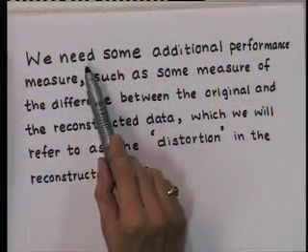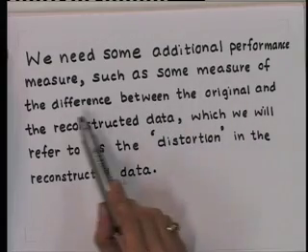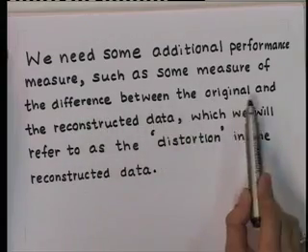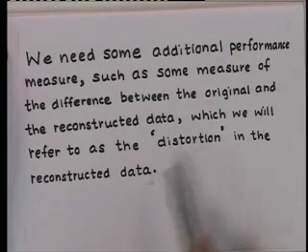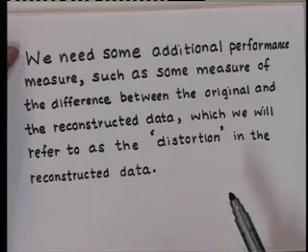If the rate were the only criterion for a lossy compression scheme, where the loss of information is permitted, then the best lossy compression scheme would be the one where we simply throw away all the data. Therefore, we need some additional performance measure, such as some measure of the difference between the original and the reconstructed data, which we will refer to as the distortion in the reconstructed data.